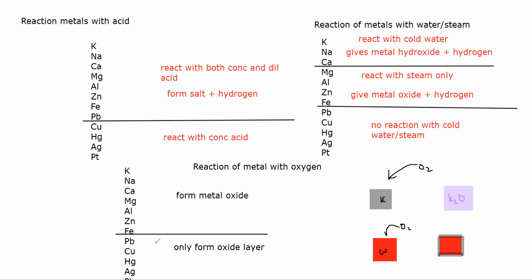But if you have a piece of copper or silver, only the surface will have an oxide layer, and the inside part will not change into oxide. But in the case of iron, zinc, aluminum, with the passage of time, the whole will convert into oxide. Is it clear?